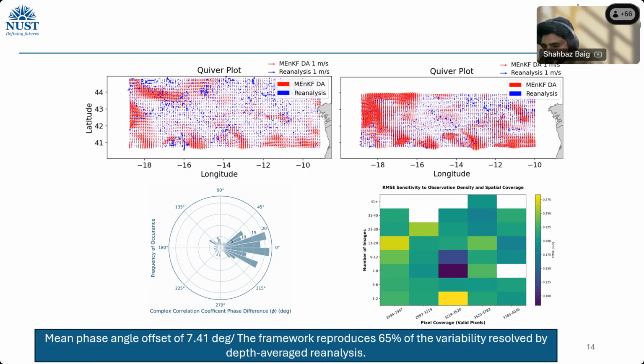We have identified that if the images are between 7 to 12 numbers, and the spatial number of vectors are around 3200 to 3500, then we can achieve better results as compared to if we go with a very large number of images, like 41, or a very large number of vectors, like 3700 to 4000. We are experiencing bad results.